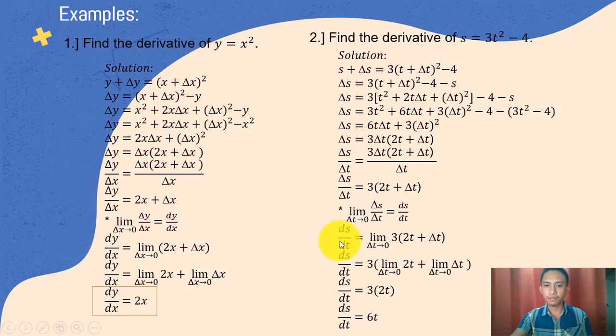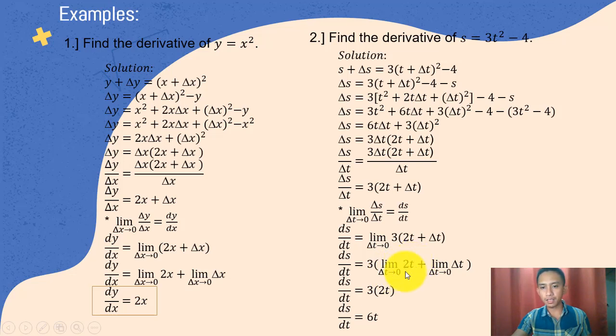So, if I get the limit of this left side, that is your derivative, and I will get the limit of the other side. Again, 3 is just a constant. That is a rule of limit. That will just go outside. This will just be distributed. The variable that we will try to approach 0 is your delta t, so it has nothing to do with 2 and t.